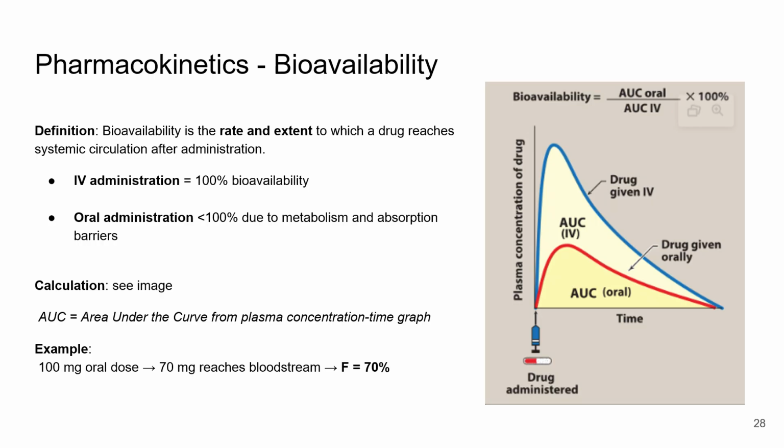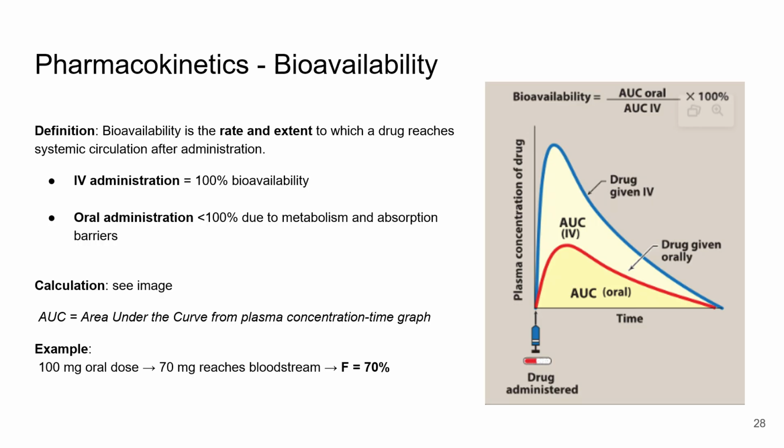Okay, so bioavailability describes how much of a drug actually reaches systemic circulation and how quickly it gets there after it's administered. So by definition, bioavailability is the rate and extent to which a drug enters the bloodstream in its active form. When a drug is given IV or intravenously, bioavailability is 100%, and that's because the drug is delivered directly to the bloodstream.